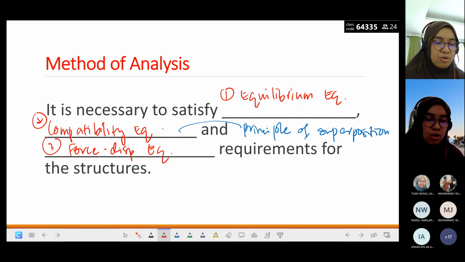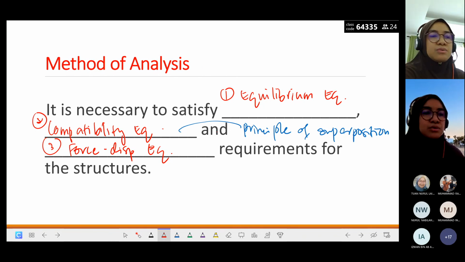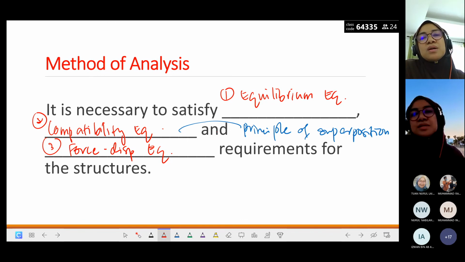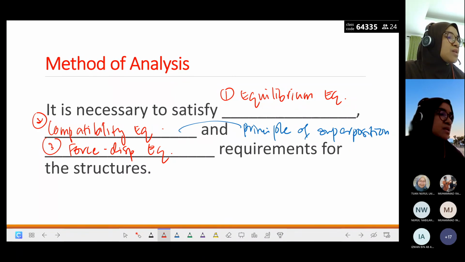Along the way, in order to analyze the indeterminate structure, we need to go through all this. We will analyze determinate structures, because the primary system and redundant system we will solve using the equilibrium equation, since both diagrams are determinate structures.